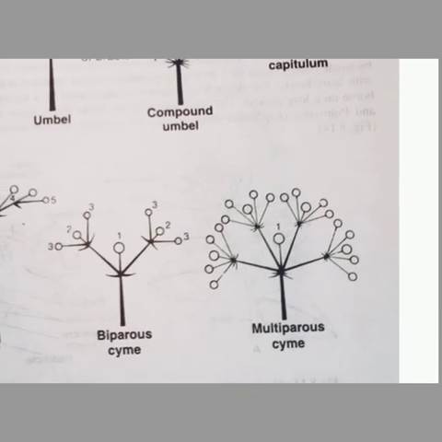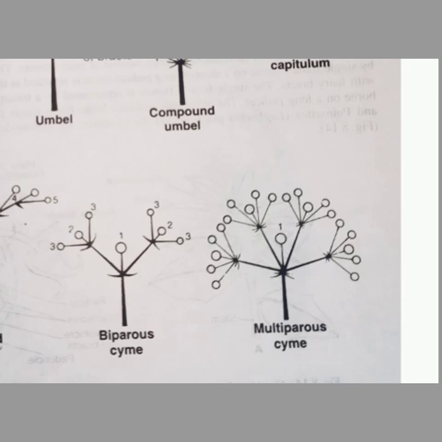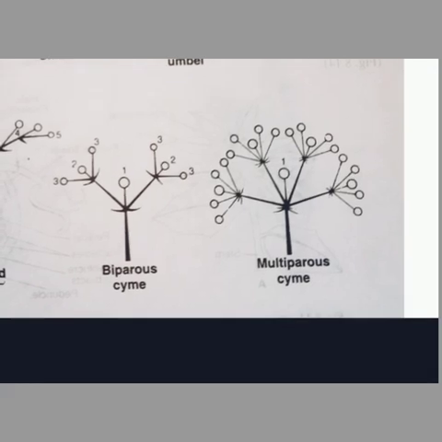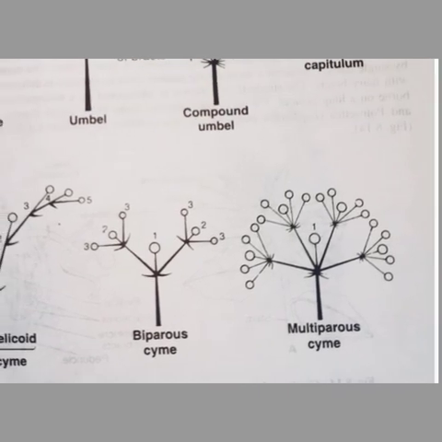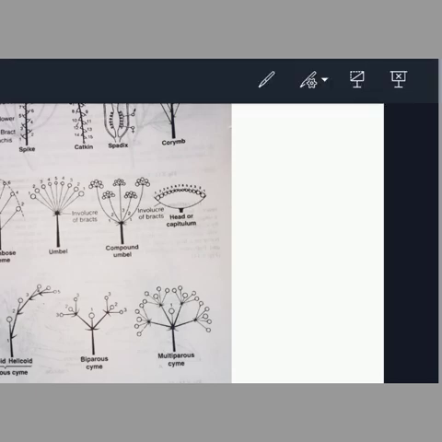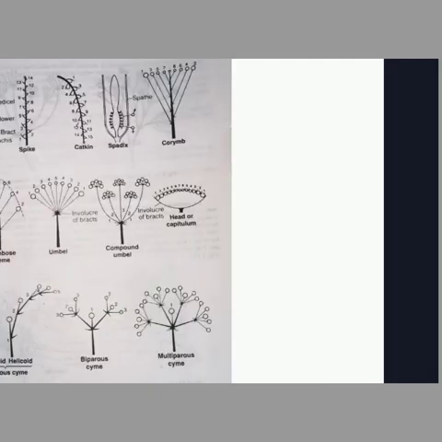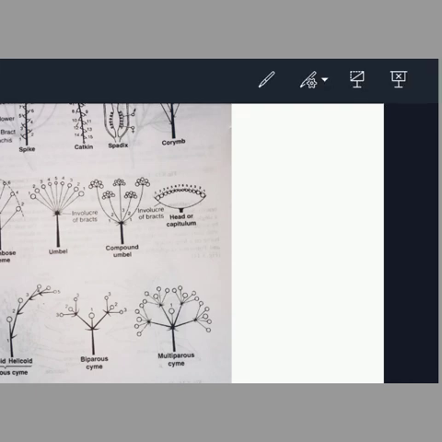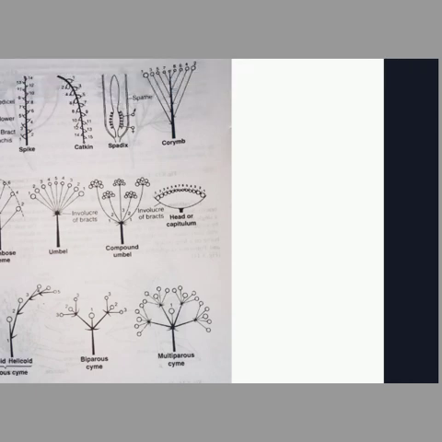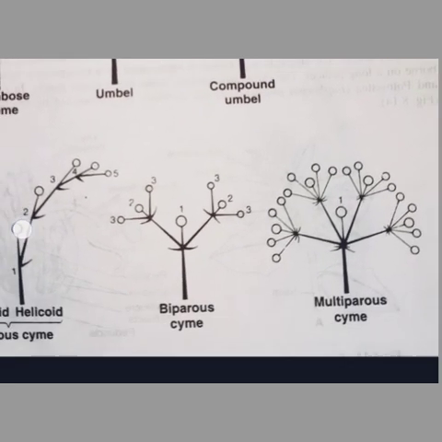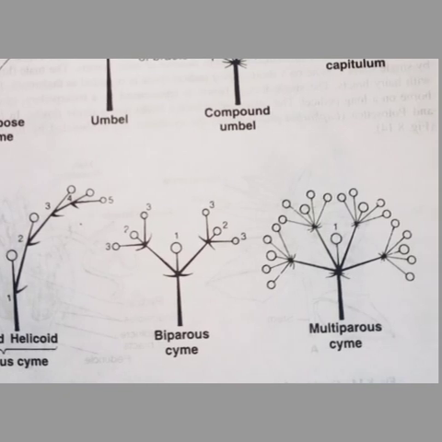In case of the cymose, we can say that it is uniparous, and here we will say that the helix-like structure, one peduncle will start here and stop with the flowering, and again the branching, then one way branching is the cause of the helix formation, and both way branching is the cause of the scorpioid.